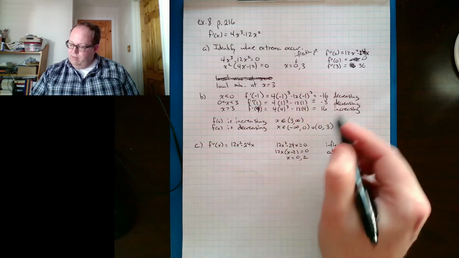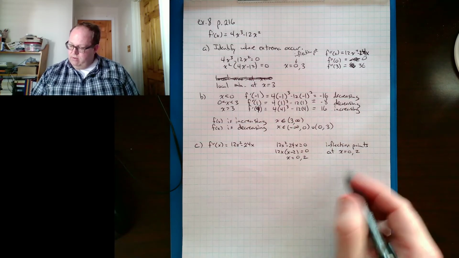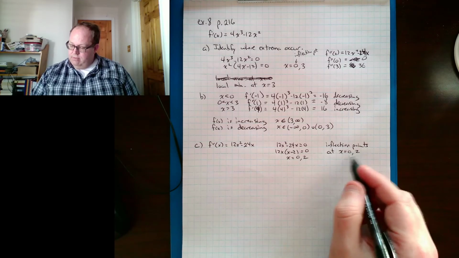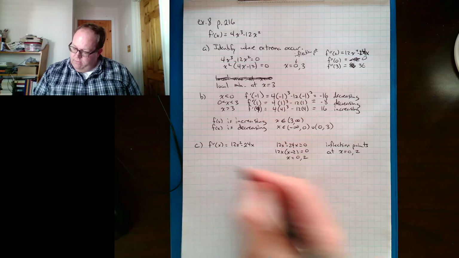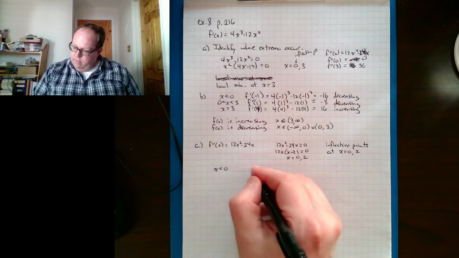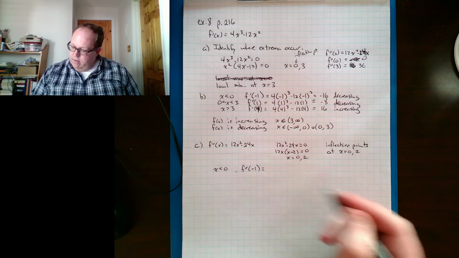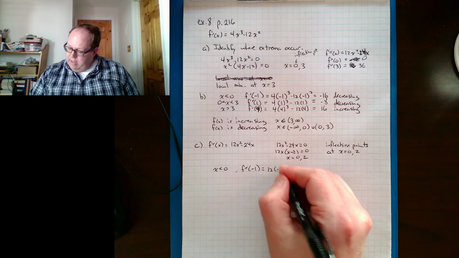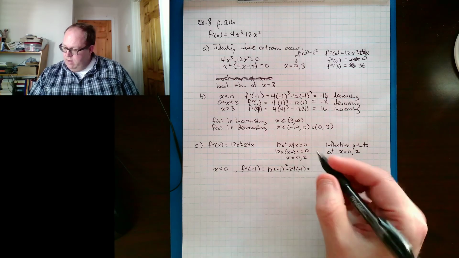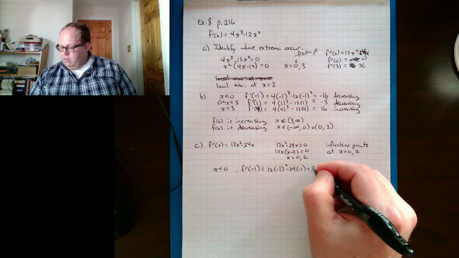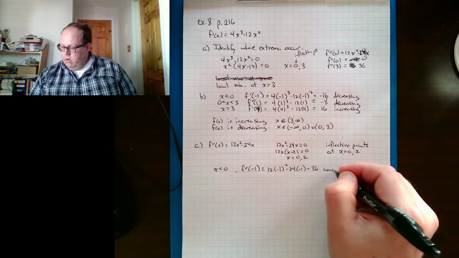So I'm going to do the same checks as I did up here, but with my second derivative and with these as my boundaries. So for x less than 0, we could say the second derivative at negative 1, and I would get 12 times negative 1 squared minus 24 times negative 1, and I'd have 12 plus 24 is 36, or concave up.